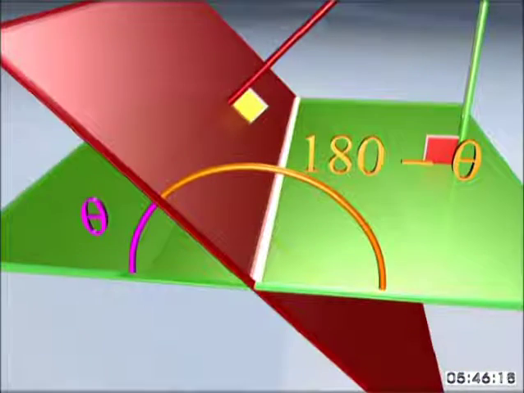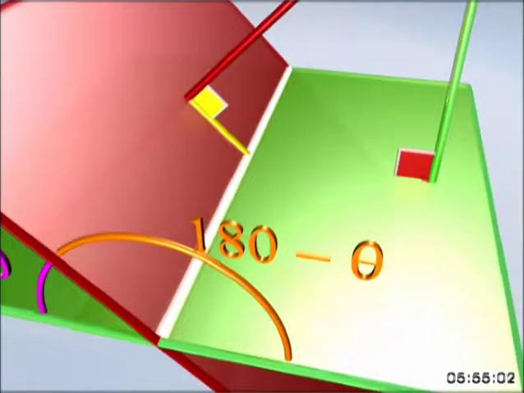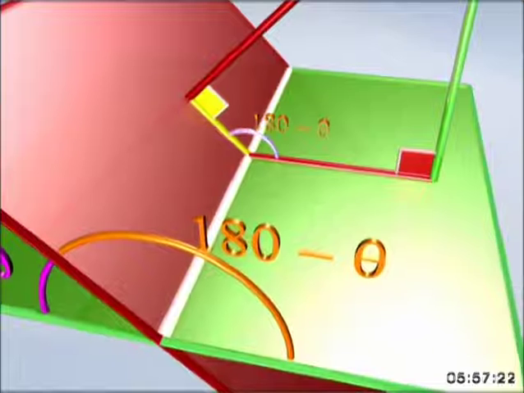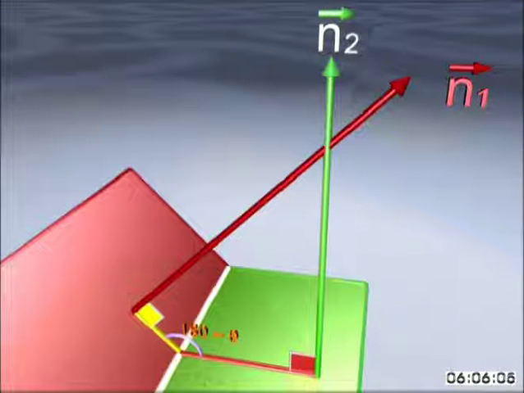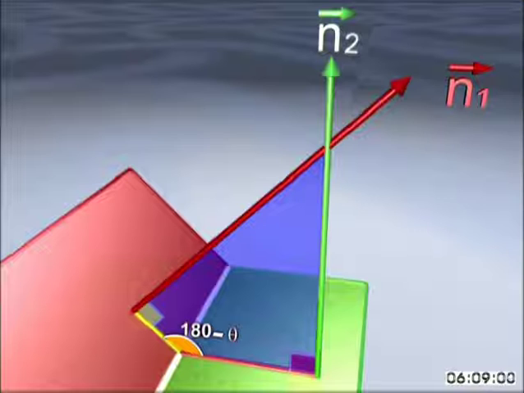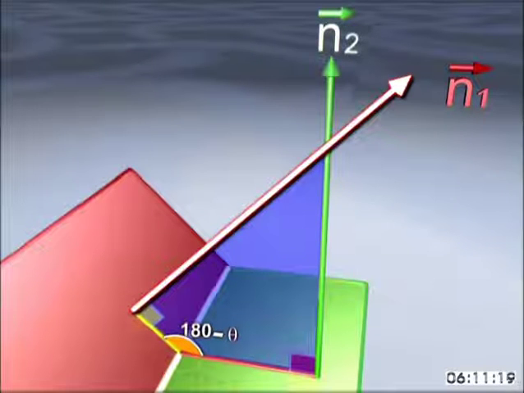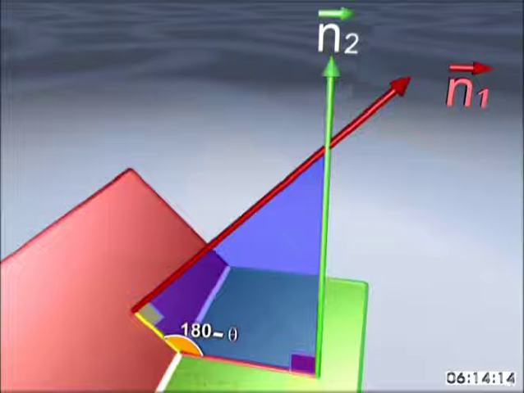Since the obtuse angle between the two planes is 180 degrees minus theta, the obtuse angle between the two lines along the planes is also 180 degrees minus theta. Now look at the quadrilateral formed by the normals vector n1, vector n2 and the intersecting lines along the two planes. Applying angle sum property of quadrilateral, we get the angle between the two normals as theta.